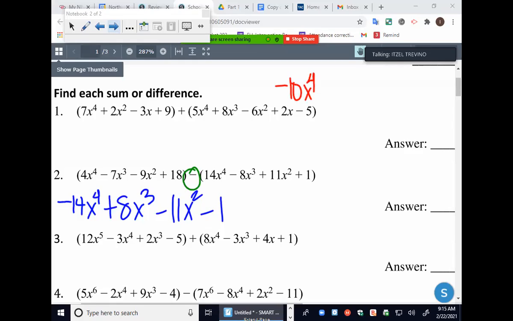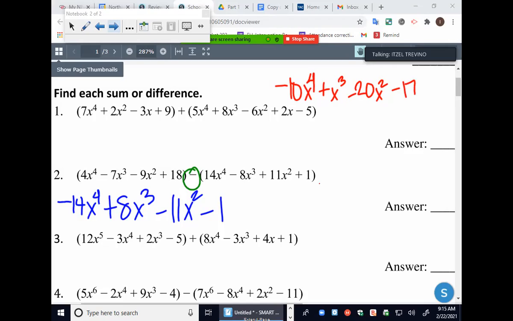My variable and my exponent remain the same. And then I go to my cubes. Negative 7 plus 8 is just 1. I don't have to put the 1. If you want to, go ahead. My squares, negative 9 minus 11 gives me negative 20x squared, and 18 minus 1 is 17.